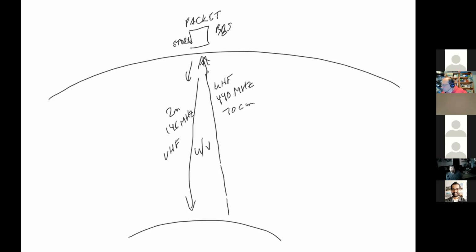You can also, of course, use FM. FM is the most common mode for satellite communications, because if you think about it, most of them have a repeater on board. They have an uplink and a downlink frequency. They also transmit something called a beacon, saying, hey, the satellite is overhead, come and get me.